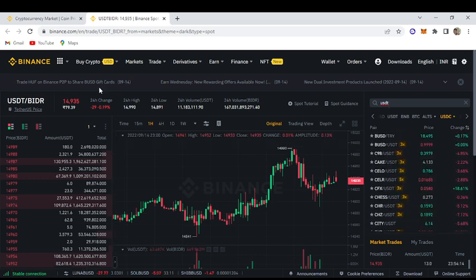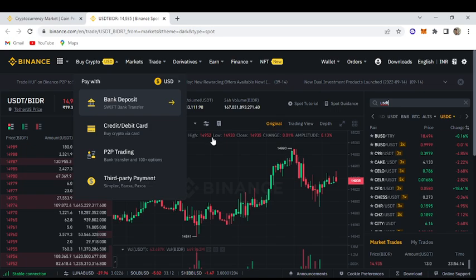USDT is basically Tether US. It works like $1.